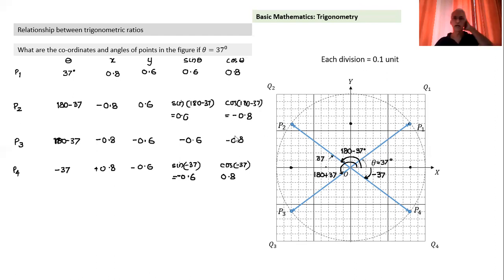What we have done is finding the sine and cos of angles in 4 different quadrants, and they are related to each other.